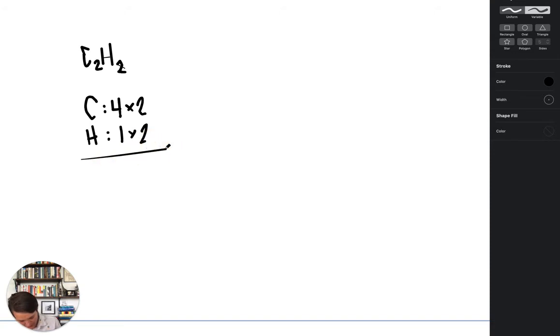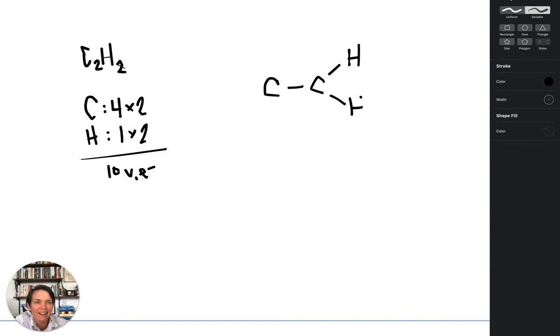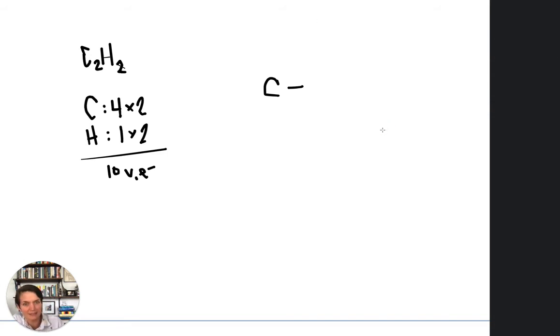So we have 10 valence electrons. Those 10 valence electrons are going to be used to create our sigma single bonds.